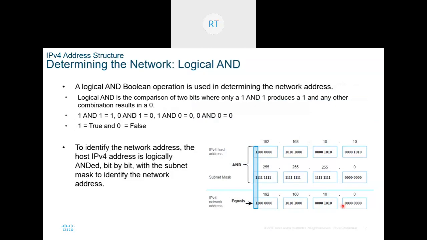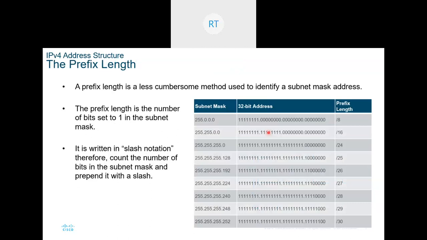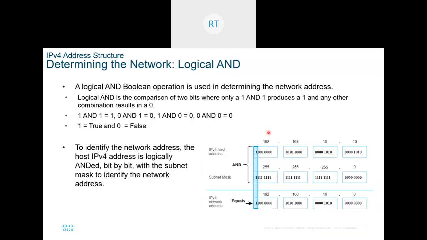Okay, so this is the ANDing process that we described up here. The process is indicated for you. You have the address in binary, the subnet mask in binary, then you do the ANDing. 1 and 1 is 1. 1 and 1 is 1. 0 and 1 is 0. 0 and 1 is 0.